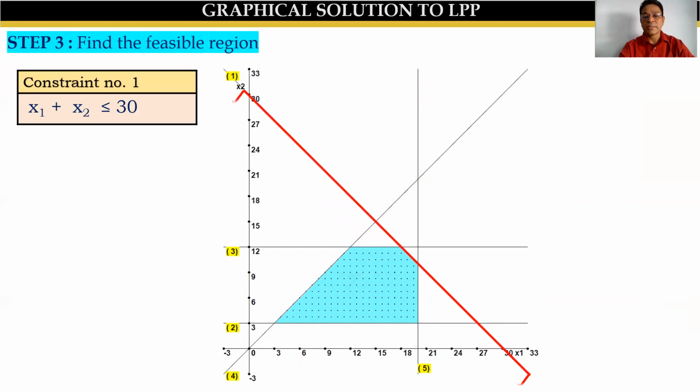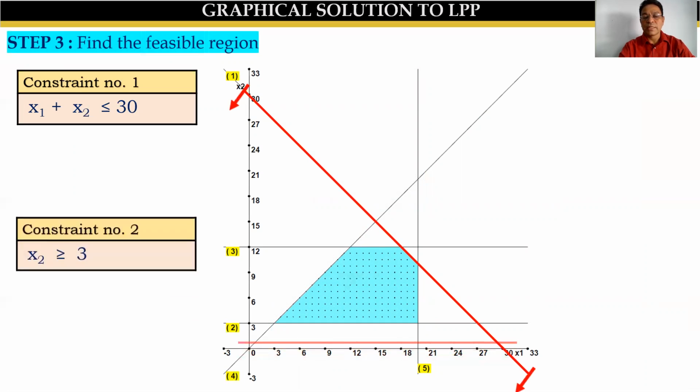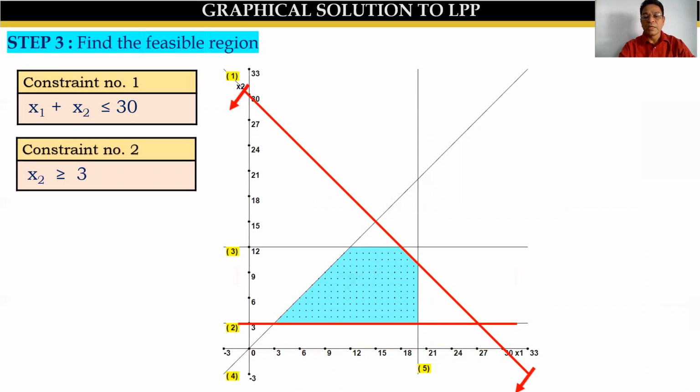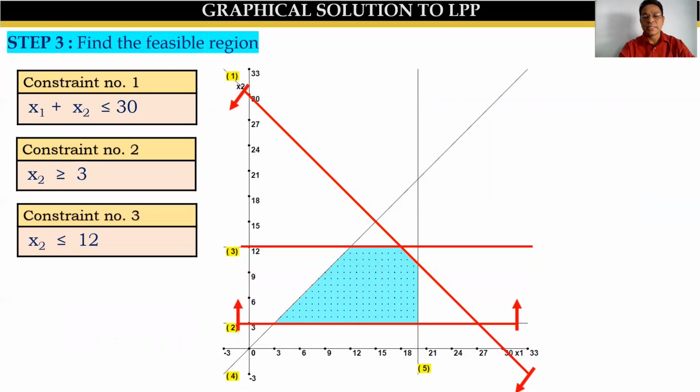The first constraint says x1 plus x2 should be less than or equal to 30. The second constraint says that x2 should be greater than or equal to 3. The third constraint says that x2 should be less than or equal to 12. So it is slowly reducing the feasible region.